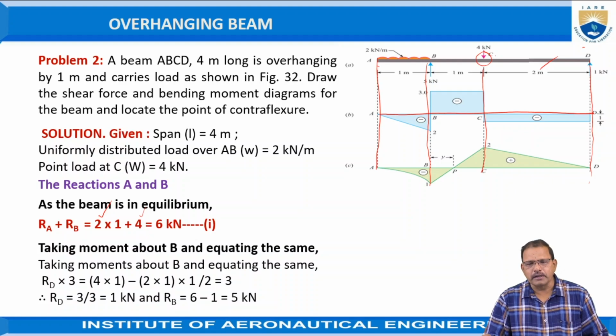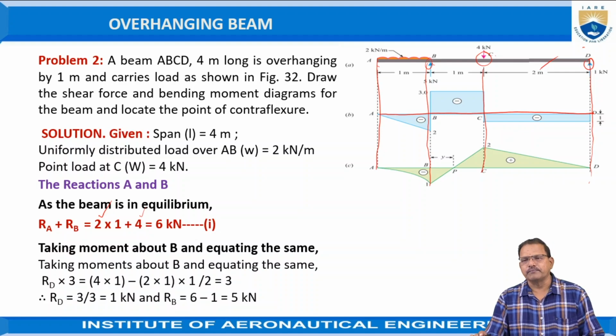Taking the moments at point B and equating to 0, because the moments created by the forces at any point on the beam should be equal to 0. Here RD into 3, the reaction force, tends to rotate the body in counterclockwise direction, the 4 kilonewton force acts in clockwise direction, and the 2 kilonewton per meter load acts again in anti-clockwise direction.